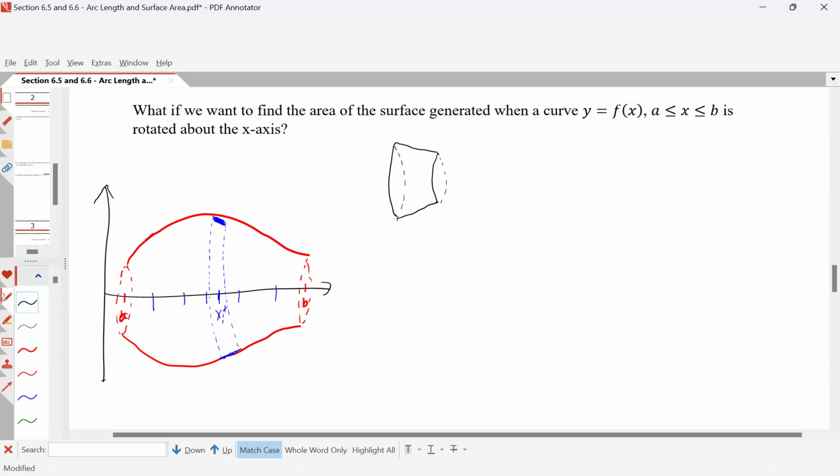So since we're looking at the bottom chunk of a cone, what's useful to know is that the surface area of a cone in general is pi times r times L, where L is the length of the side.